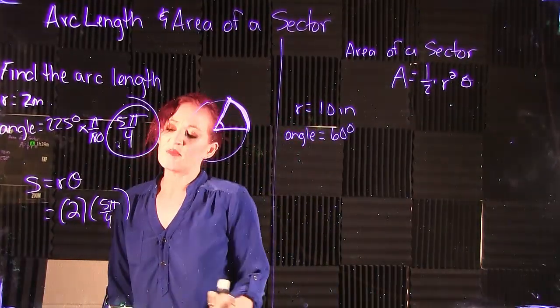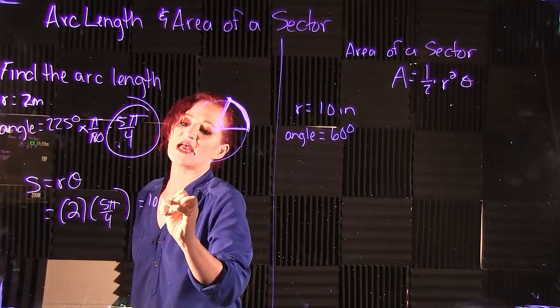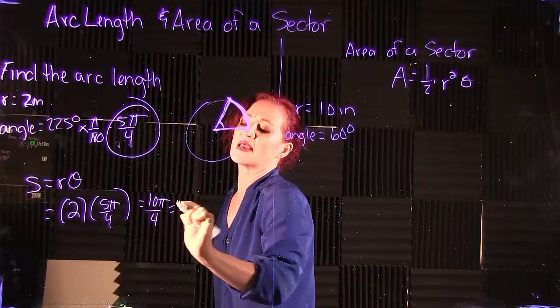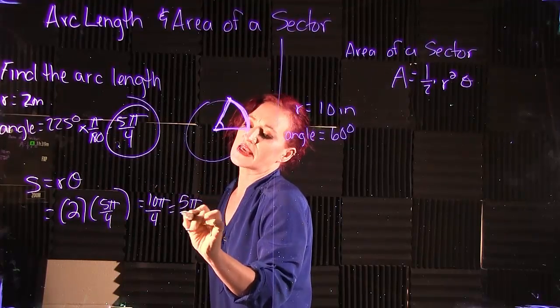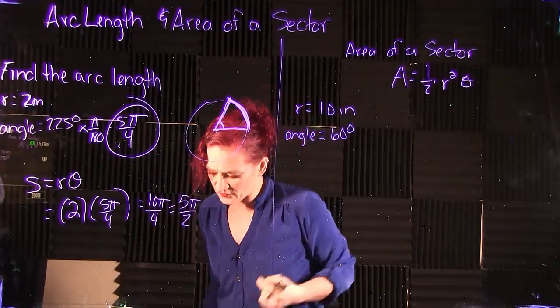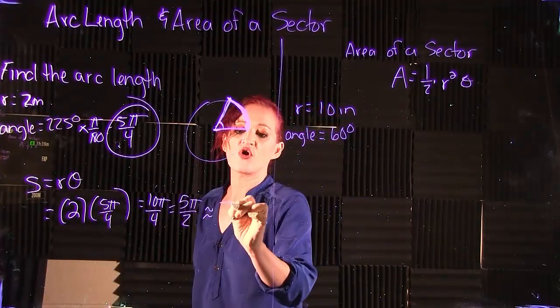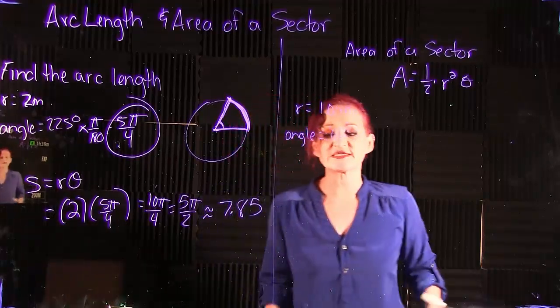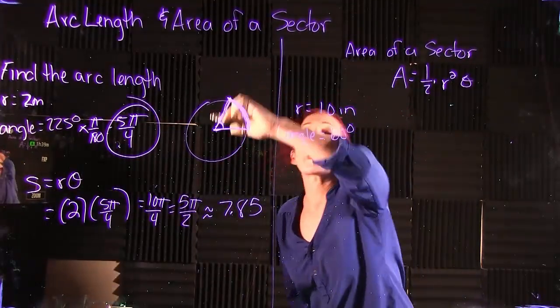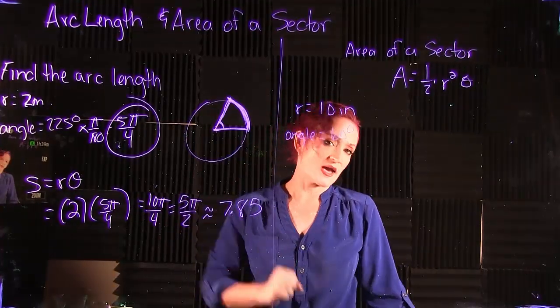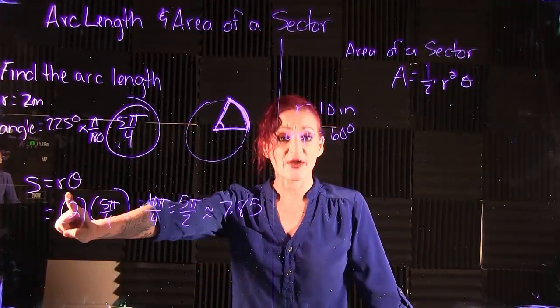So when we multiply this together, that's going to give us 10 pi over 4, which reduces, we can divide out a 2 to give us 5 pi over 2. Or if we do want this in rounded decimal form, that is 7.85 for that arc length. So just take your angle, make sure it's converted to radians, and just multiply it by the radius.